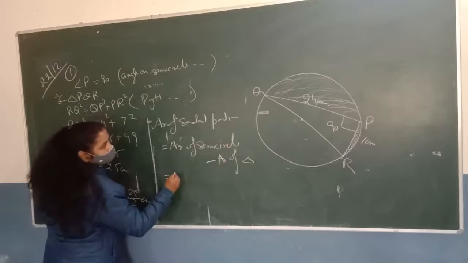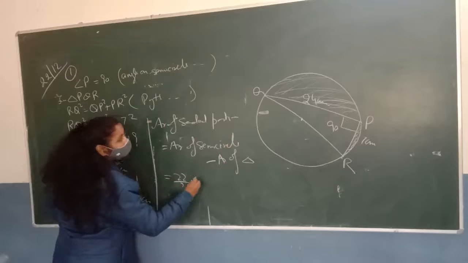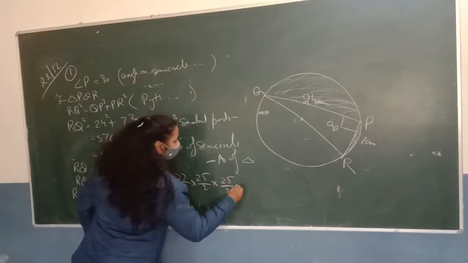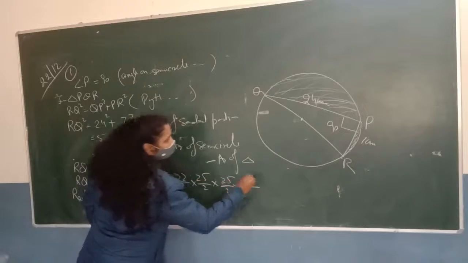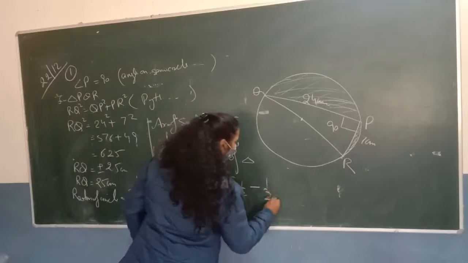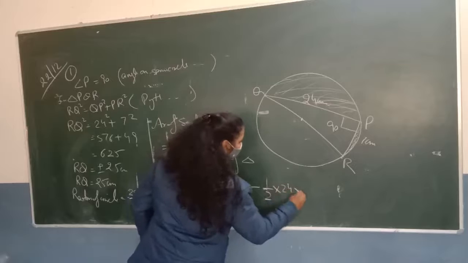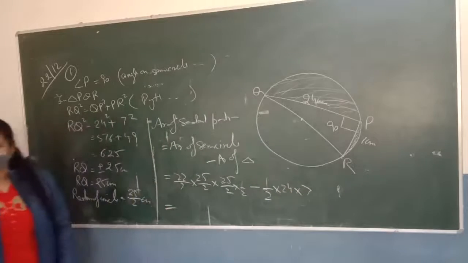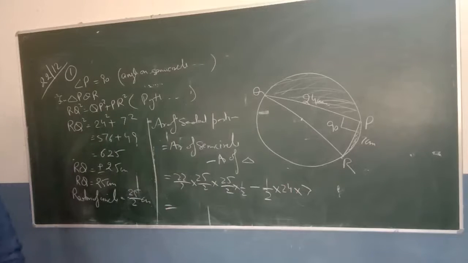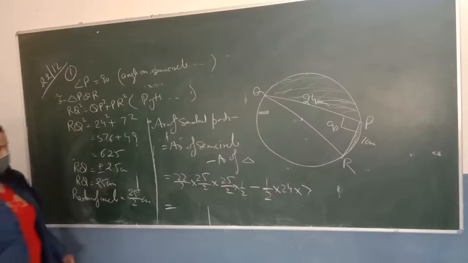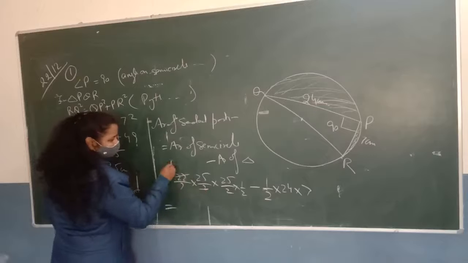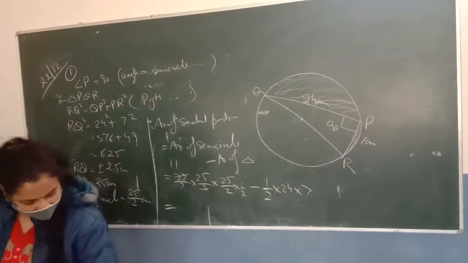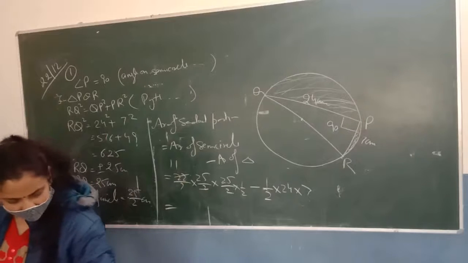Semicircle is pi r square upon 2 minus triangle, which is 1/2 into base into height. Can you calculate it yourself? After calculation, you can find the answer of question first.